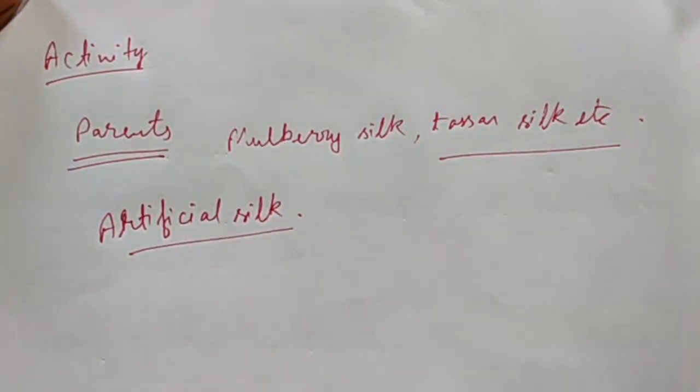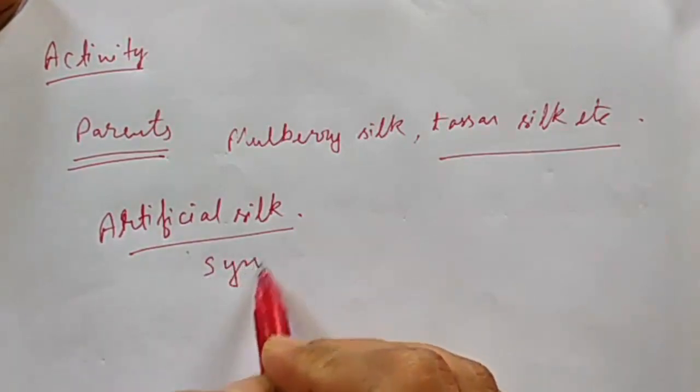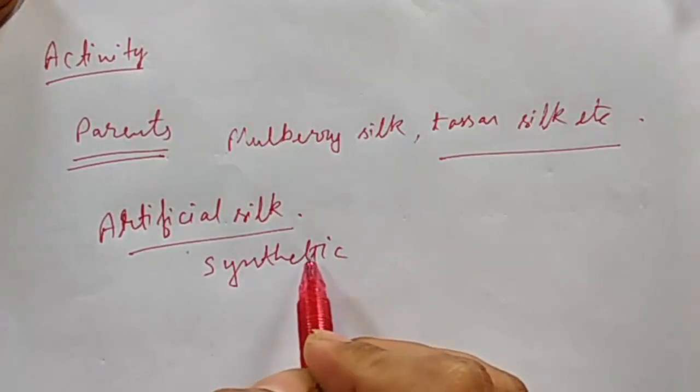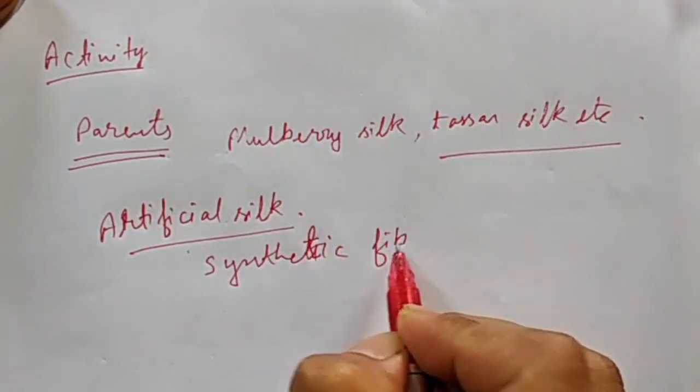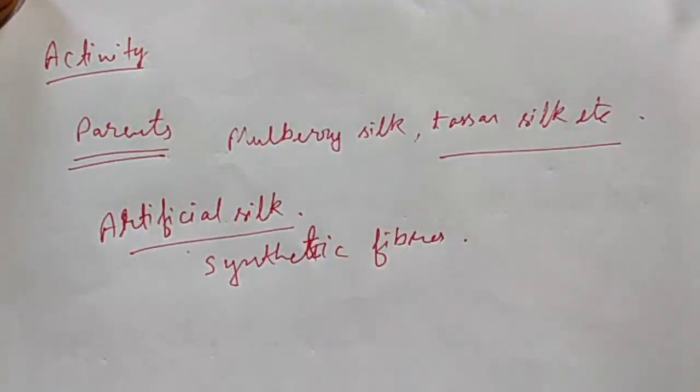This artificial silk contains synthetic fiber. And we can also collect pictures of different moths whose caterpillars provide the various types of silk.